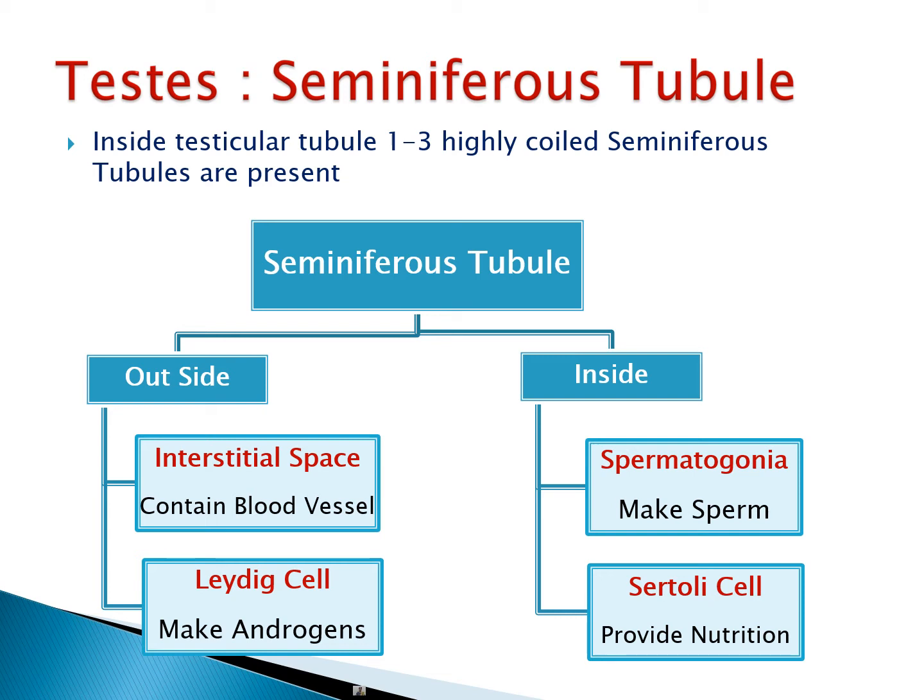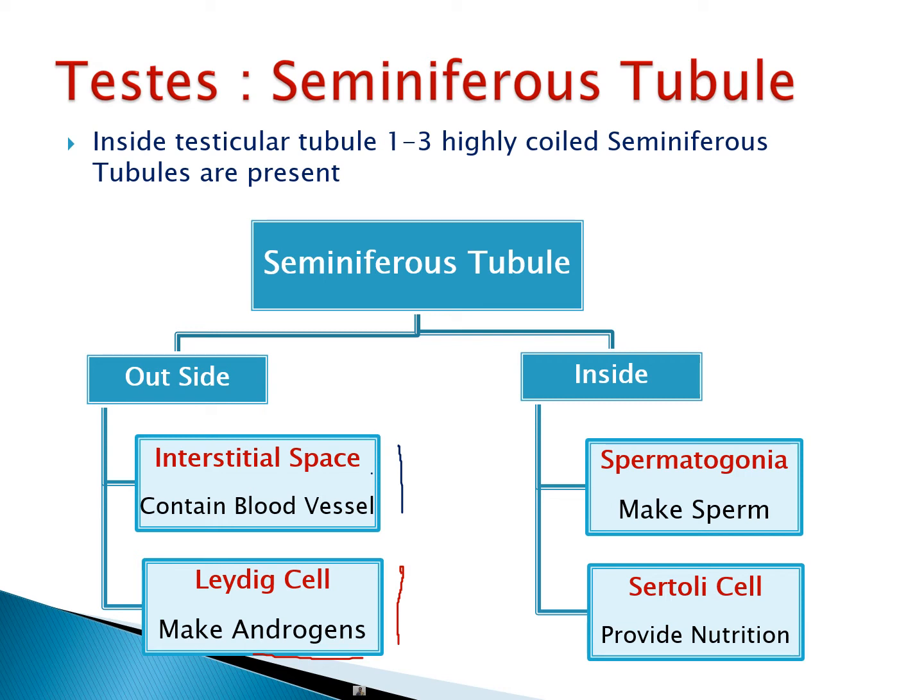Outside the seminiferous tubule is an interstitial space which contains blood vessels, and in that interstitial space the Leydig cells are also present. The main role of Leydig cells is the production of androgens. These are the male hormones which help in releasing testosterone, which is responsible for the secondary male characters.